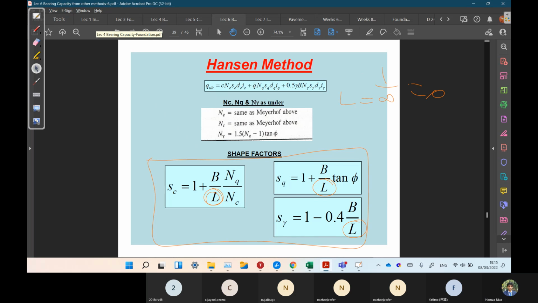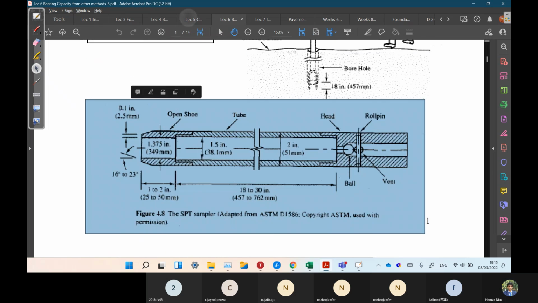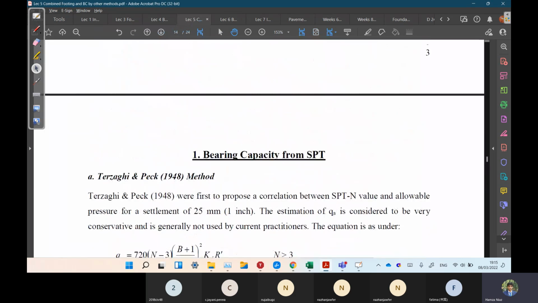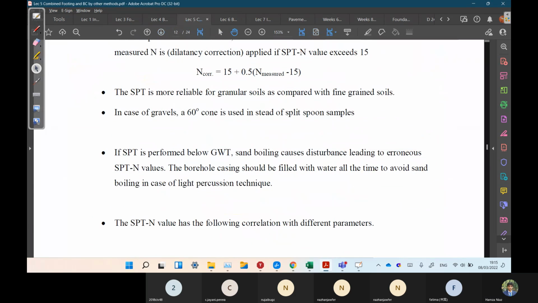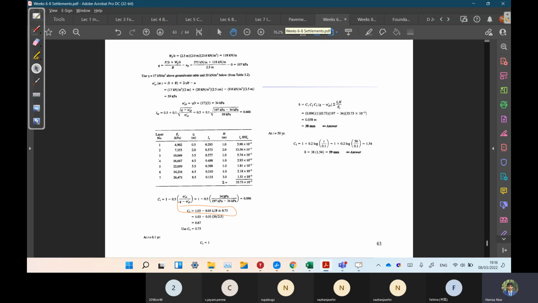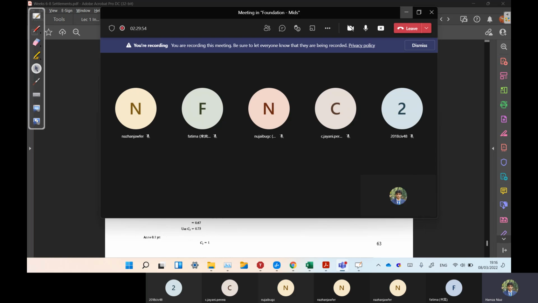Then the foundations that we have designed, and also we have to check settlement failures. And the last one is intermediate settlement from 3 different methods. Any issue, or should we end this?